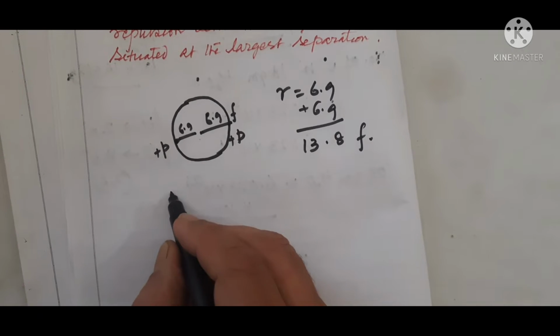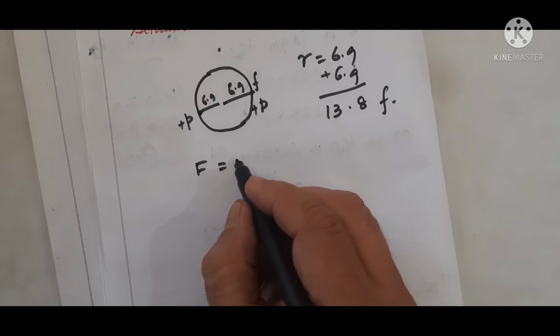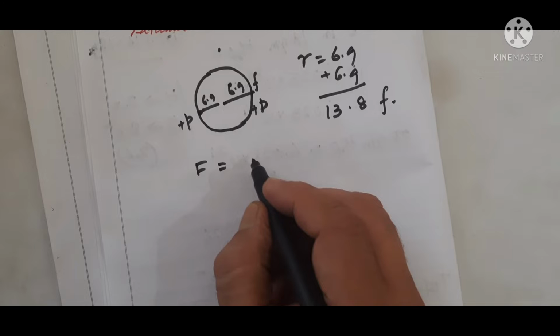So the force of repulsion between the protons is equal to the same thing, k q1 q2 by r square.